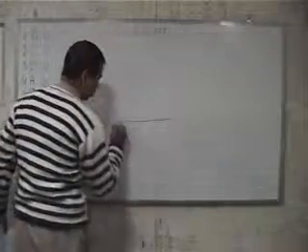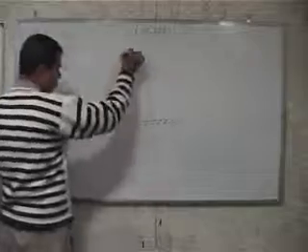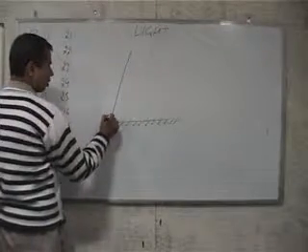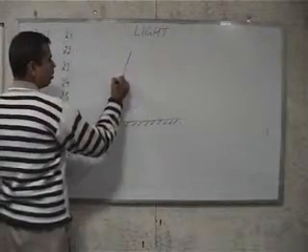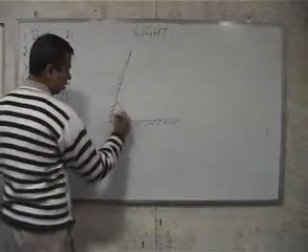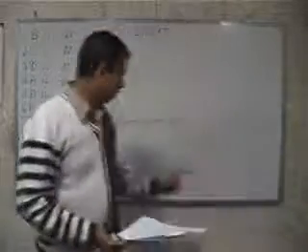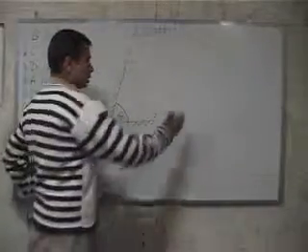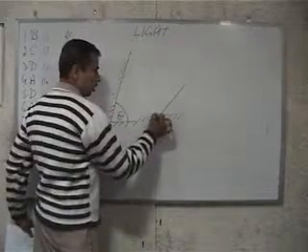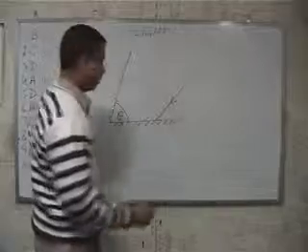Now the question is, we have two plane mirrors inclined to each other, let us say at an angle theta. We have to find out the value of theta for which the incident light should always be parallel to the reflected light.